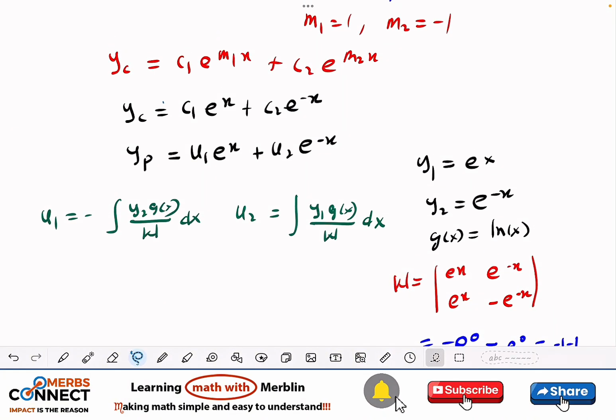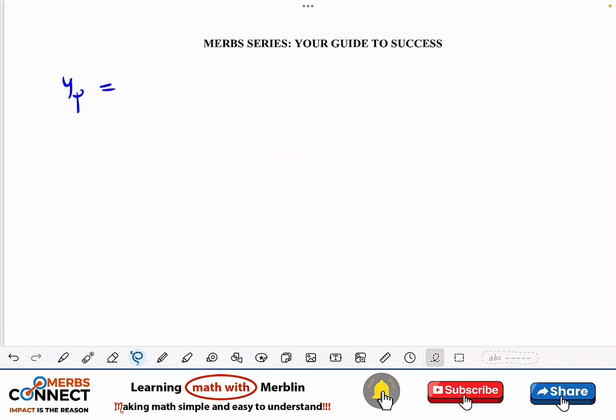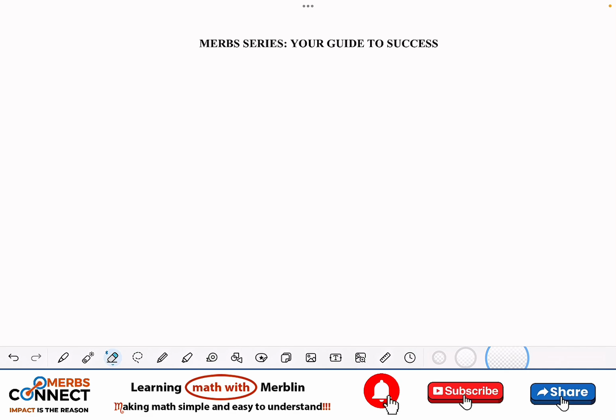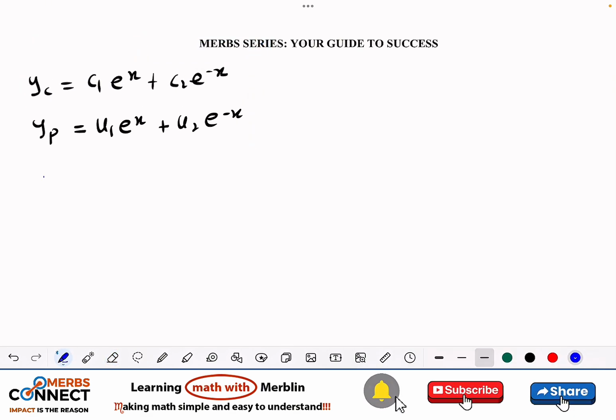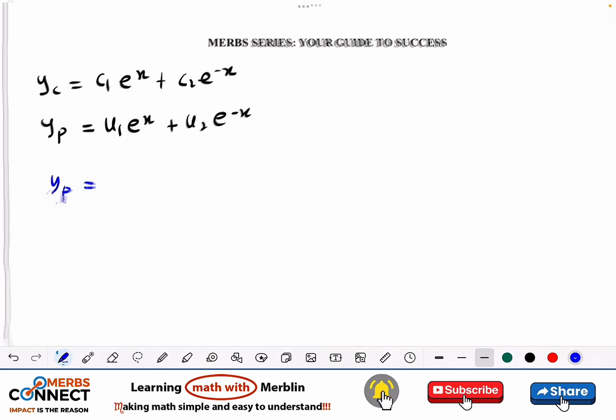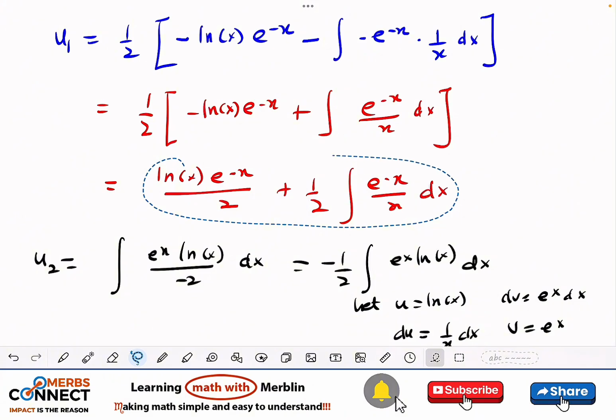So let me move the complementary solution and particular solution to the next page, and then we are done. After this, I just give you the trial question and then you are done. So yp now is equal to, we saw that y1 was equal to this, so let me just copy and paste.